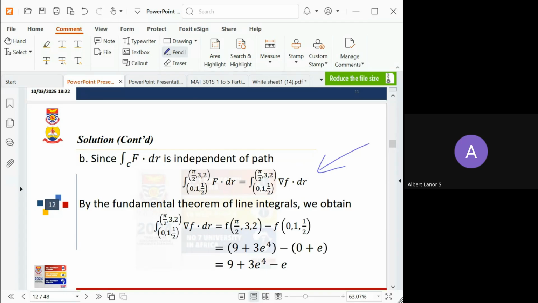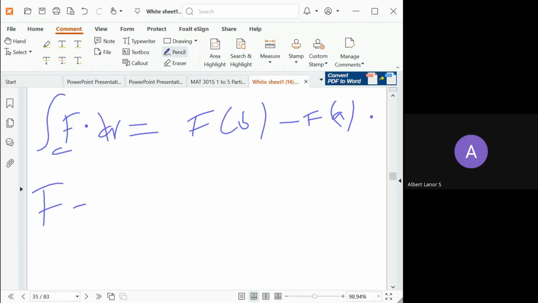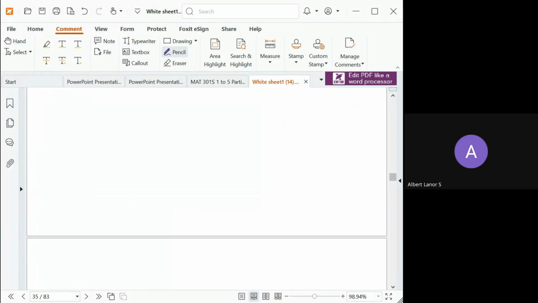No, it follows. The only difference now is that there is a Z term. So you will need to find the value of the Z's also. So you see, it's like this. You have a function F. Now, if this function is equal to the gradient of F, then it should be like f_x i plus f_y j plus f_z k.